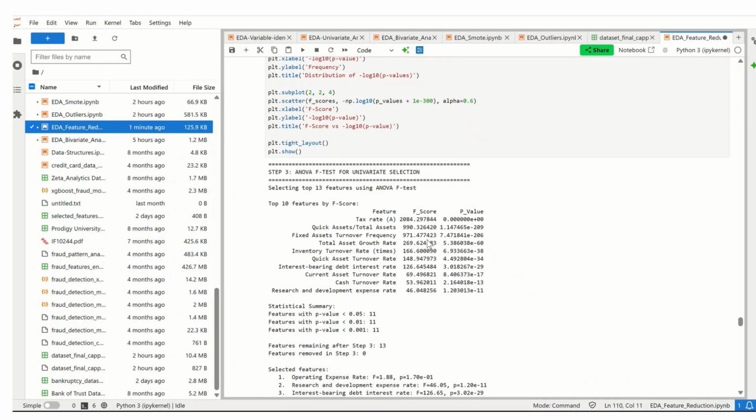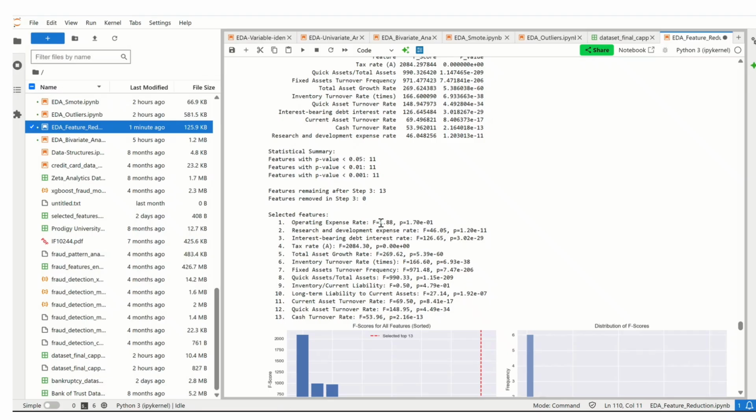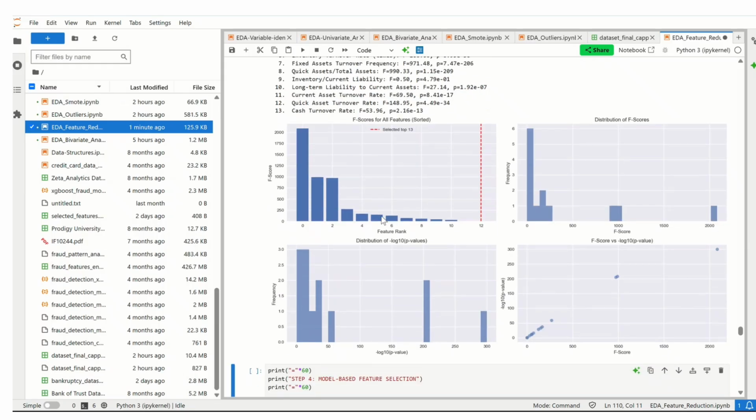So let's walk through the output. For the top 10 features we have the F score and the p value. Features with p value less than 0.05 is 11, and I think 0.01 is there. So pretty much we have all the features which are required. We are not removing any features at this stage also, right?